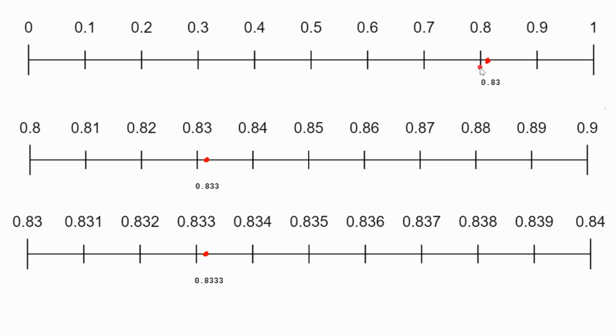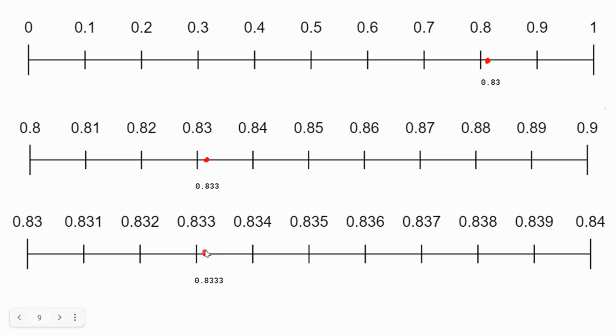0.8333 is repeating. So I've got the 0.8 is here, but 0.83 is just a little to the right of it. And if I zoom in, 0.83 is here, but 0.833 is right there. And the next one, 0.8333, would be here. And I can keep going on this because for my threes, I keep adding a 3 on the end.